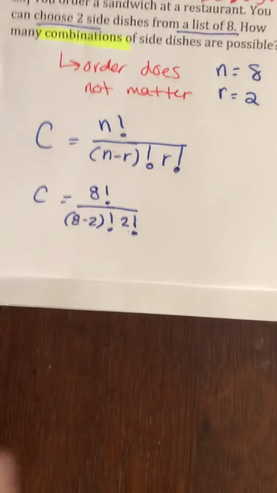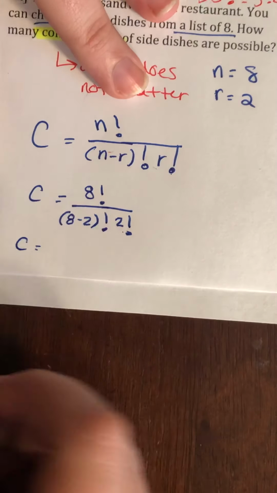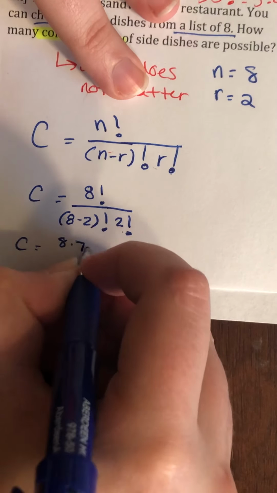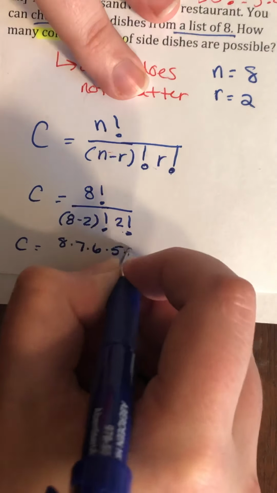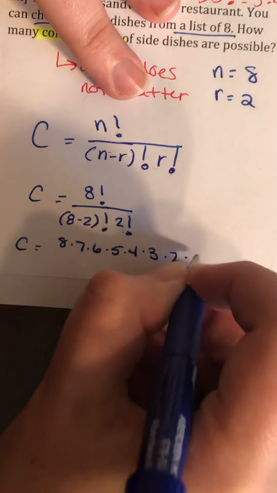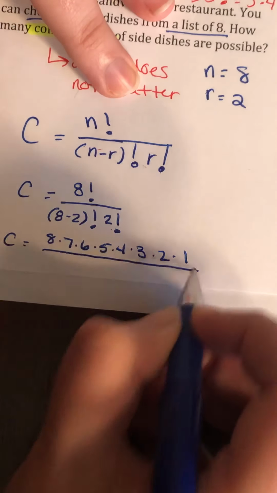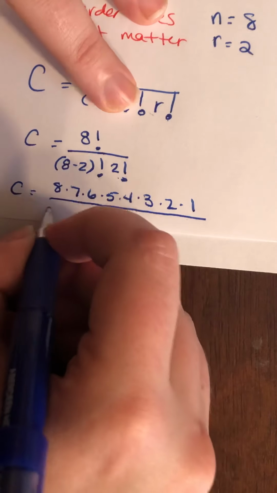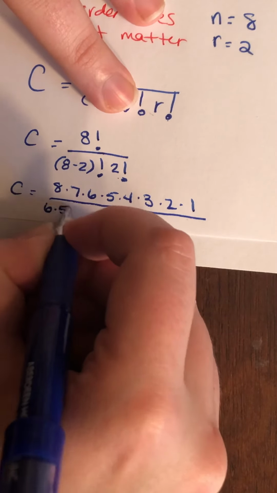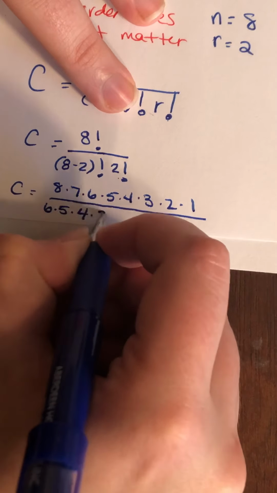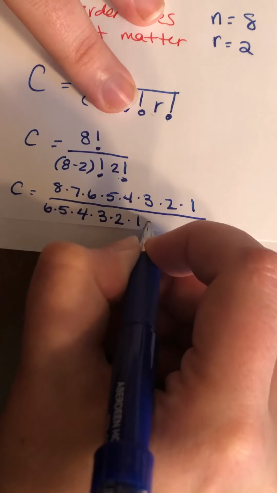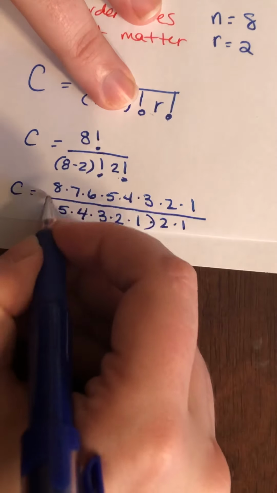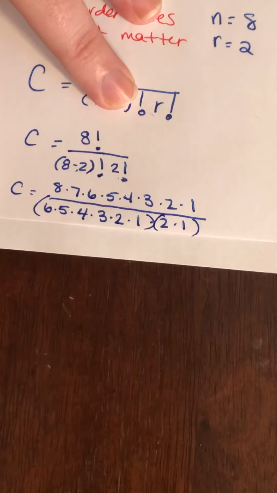If we were to break those down, we would get 8 times 7 times 6 times 5 times 4 times 3 times 2 times 1, over, well, 8 minus 2 is 6, so 6 times 5 times 4 times 3 times 2 times 1, times 2 times 1. So then you have those 2 separate pieces.